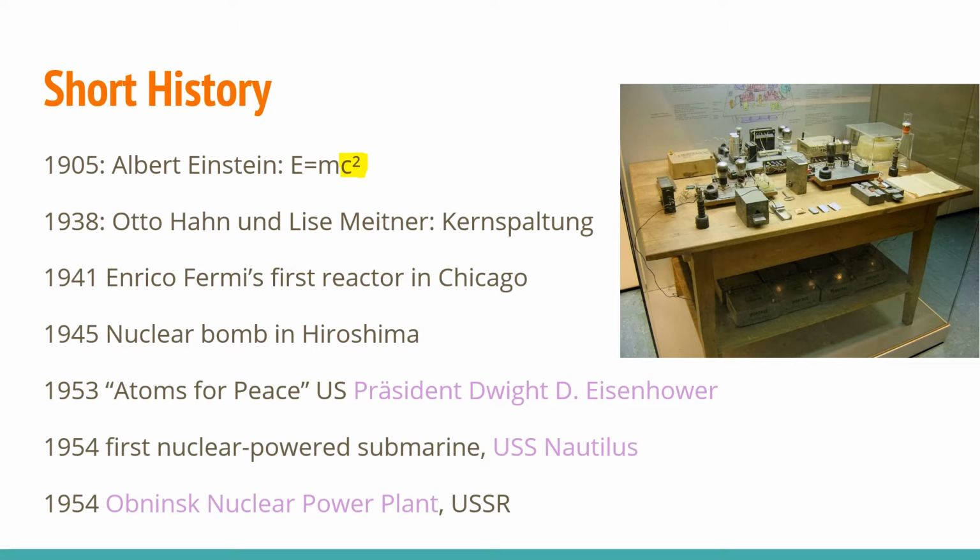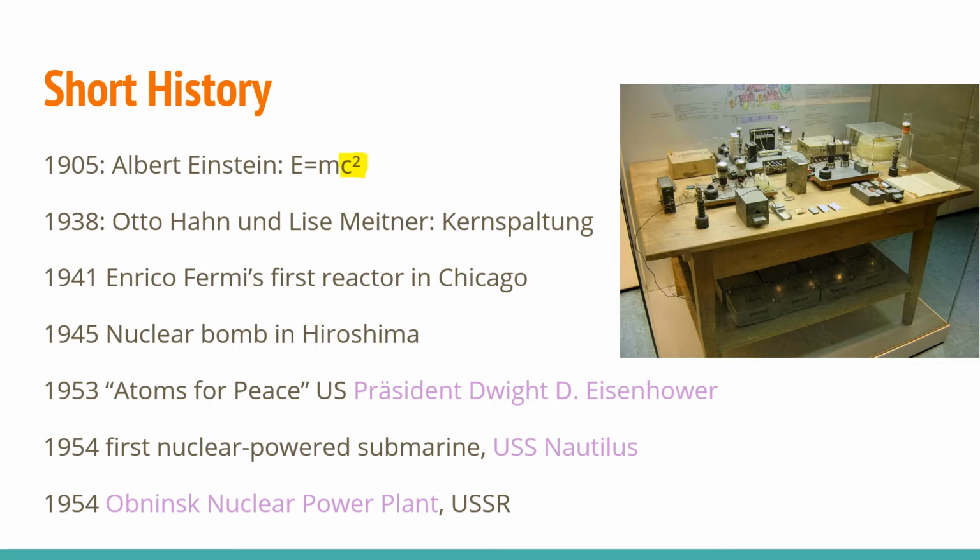That means c is the speed of light, and the speed of light is really, really high. So you can imagine that if you multiply the mass with a really high number, you get an awful lot of energy. It's incredible. The first thing that this was used for was nuclear explosions, but we'll get to that.